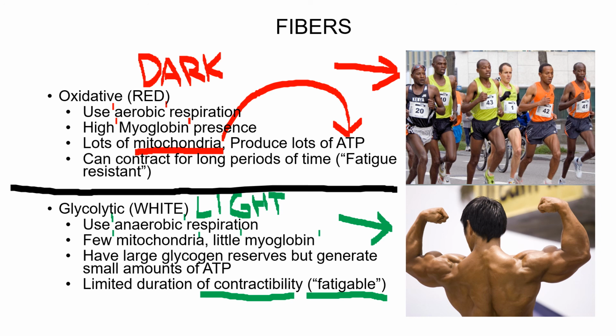Unlike a sport like soccer or running cross country where it's just constant movement, right? Different body types, different athletes. So on the next slide, we're going to go into a little bit more detail and talk about the three main types of muscle fibers that exist in human muscles.